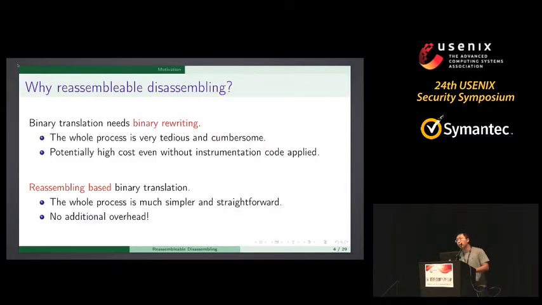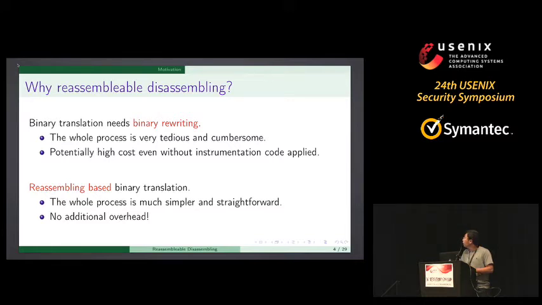So you may wonder why we need the reassemblable disassembling. Why not just use the existing tools? Existing goal-driven binary security applications have to instrument or translate the input binary for some secure purpose.